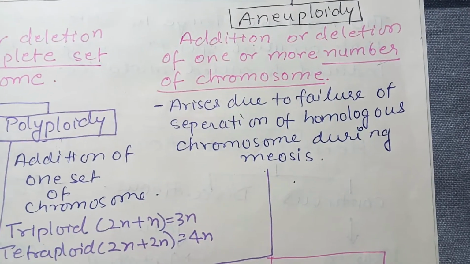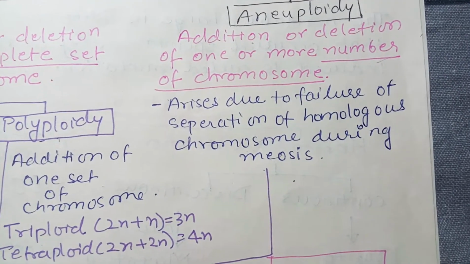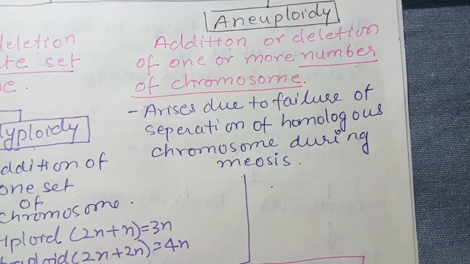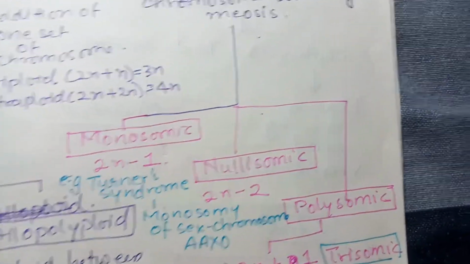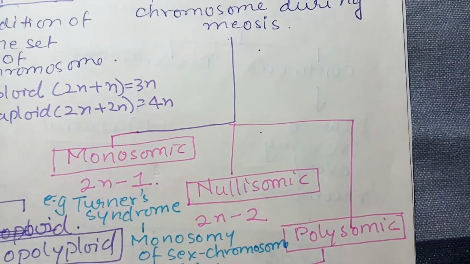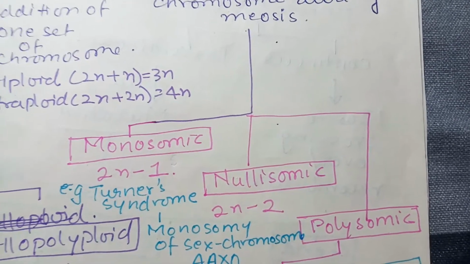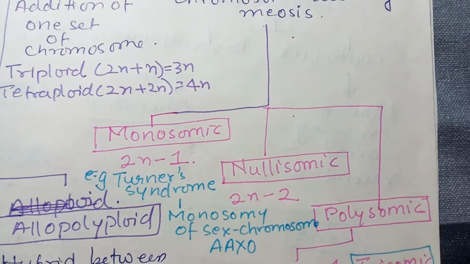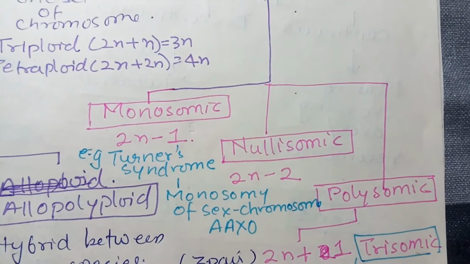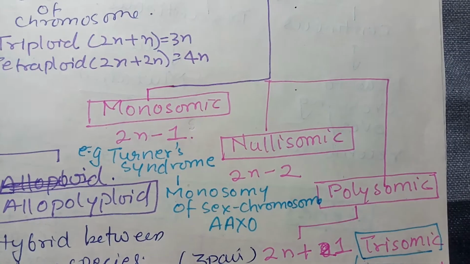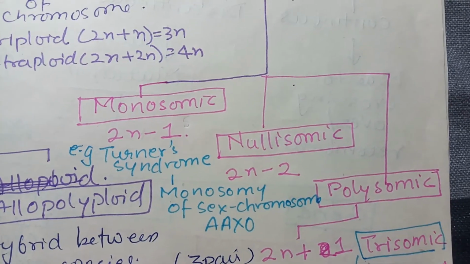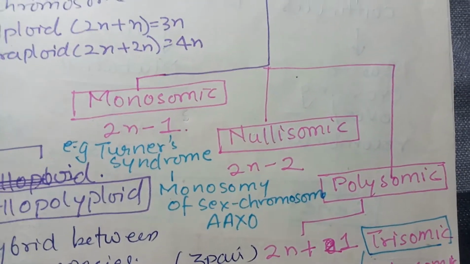Aneuploidy arises due to failure of separation of homologous chromosomes during meiosis. This process is also known as nondisjunction. Now it is of several types. Monosomy: there is loss of one chromosome, one sex chromosome. For example, Turner syndrome. This is called monosomy of the sex chromosome, where one X chromosome is missing.